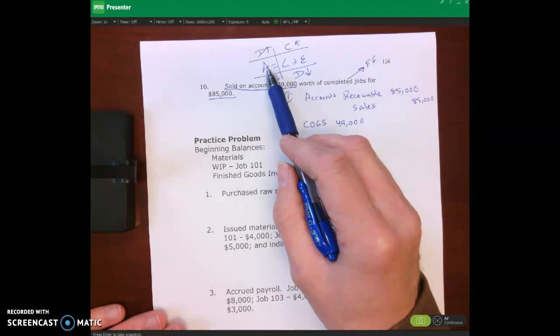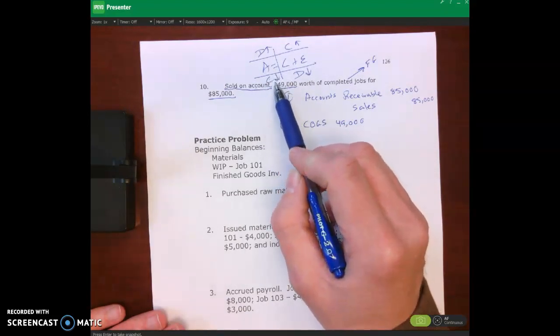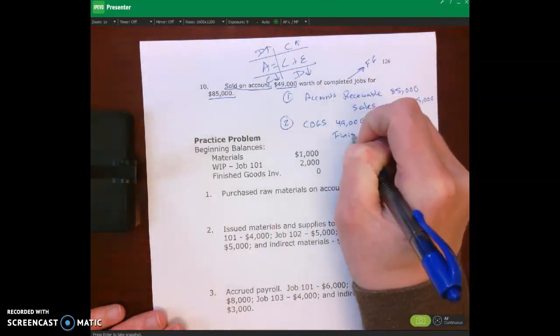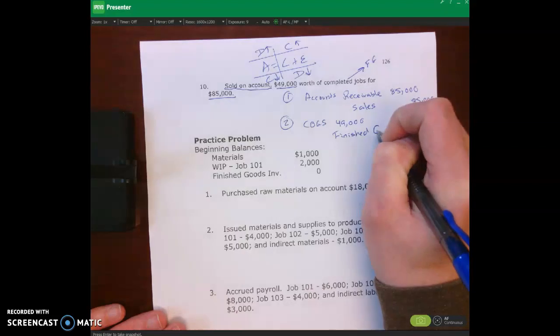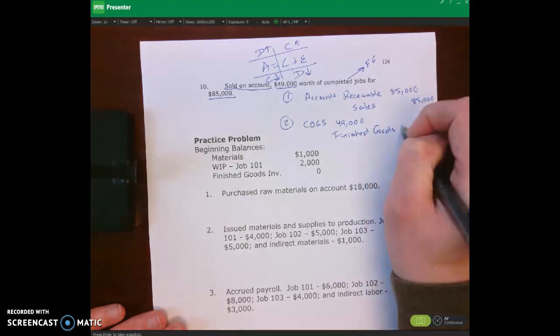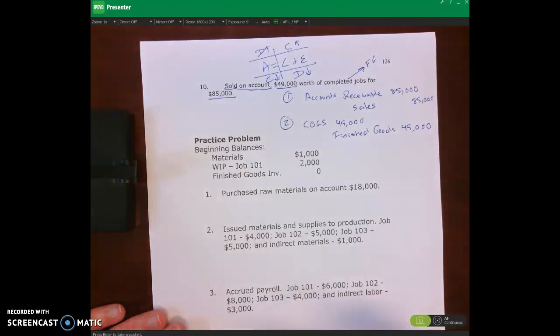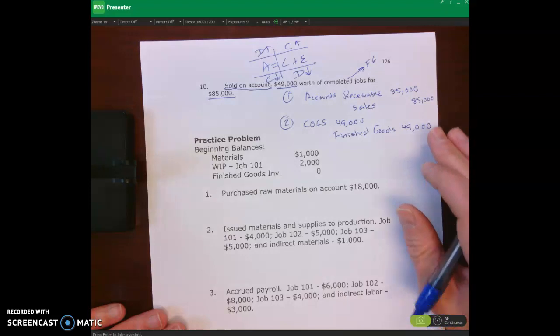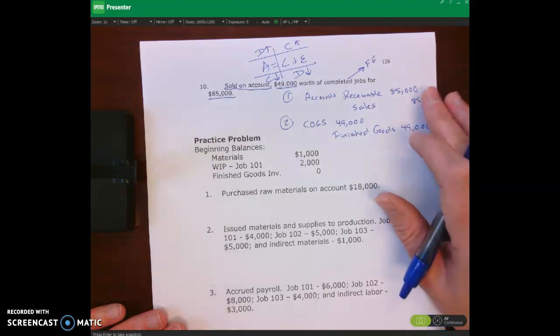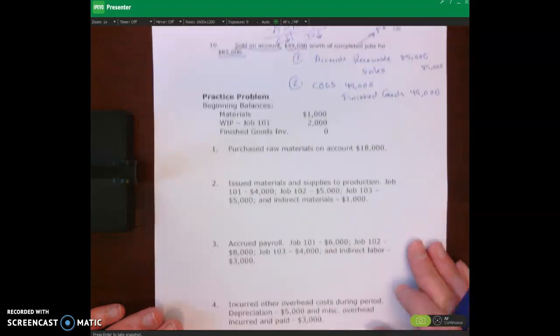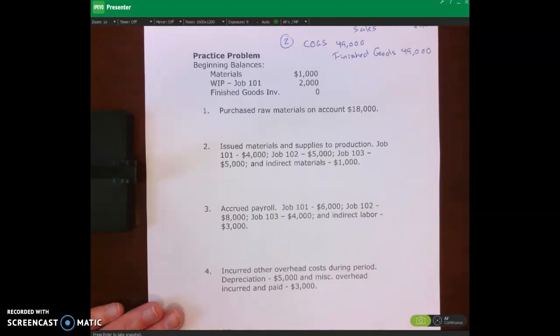It's an asset. How do I recognize that an asset is going down? With a credit. Okay, so credit to finished goods, $49,000. And that is our journal entry right there. So two journal entries when we recognize the sale: one to recognize the sale, one to recognize cost of goods sold. Okay. So here we have another practice problem.